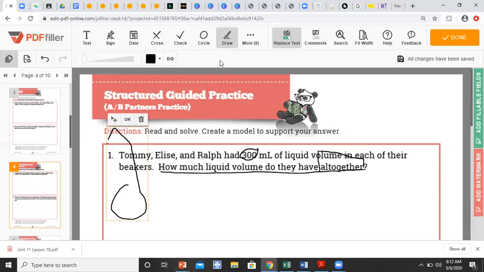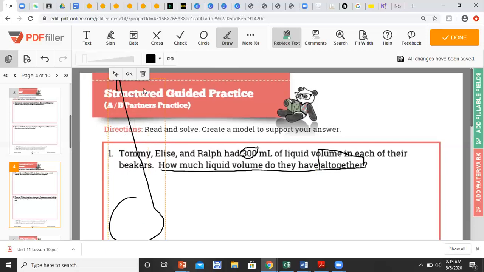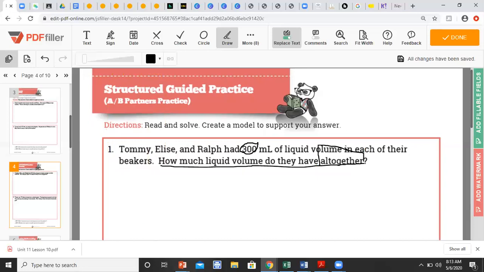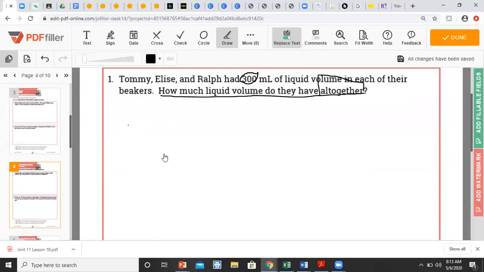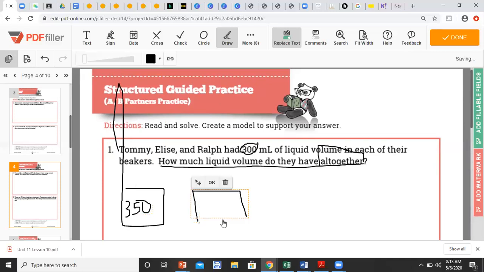So we know that Tommy has 350. We know that Ralph has 350.